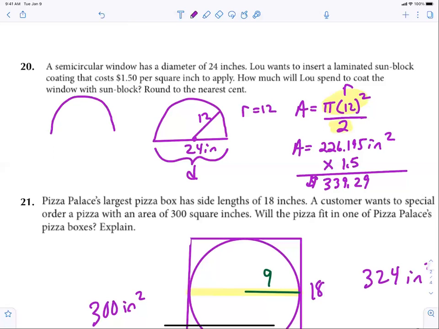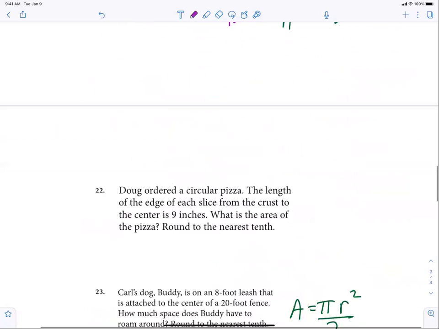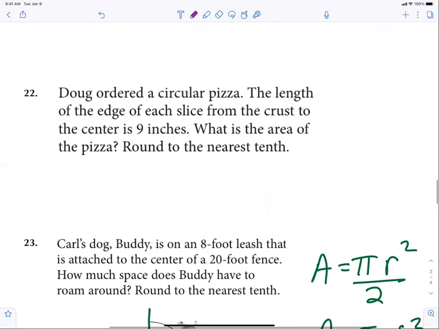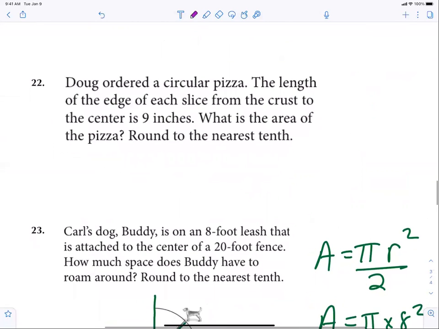All right. Anybody else have any questions? Everybody's good? All right, let's knock out 22. Who hasn't said one? Yes, Riley, go. So Doug ordered a circular pizza. The length of the edge of each slice from the crust to the center is 9 inches. What is that telling you? You got the radius. Yes, very smart.